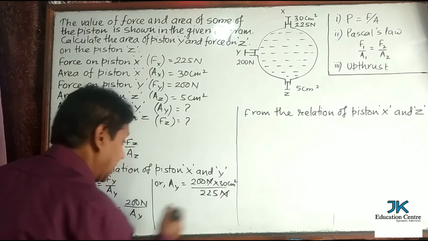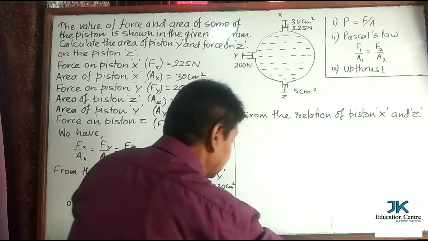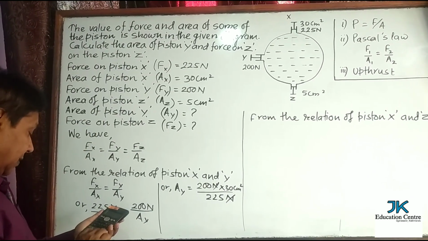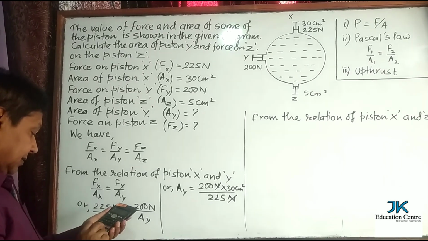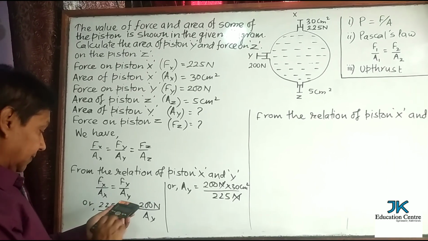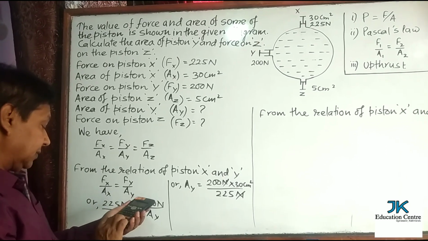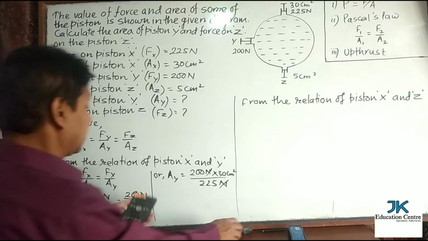Now Newton cancels. Now we can use the calculator. 200 multiplied by 30 divided by 225 is equal to 26.66666.